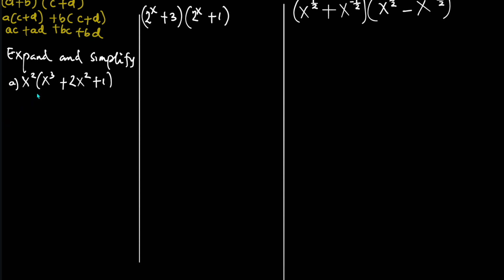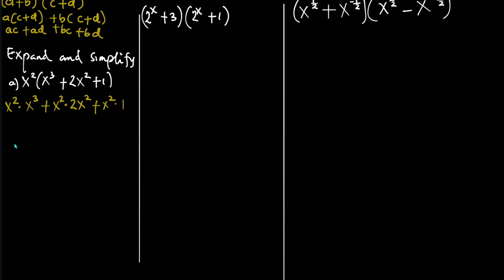So here all you have to do is to take the term outside of the parentheses to multiply each and every term that exists in the parentheses. Therefore, this is going to be x to the power of 2 multiplying x to the power of 3, plus x to the power of 2 multiplying 2x to the power of 2, and plus x to the power of 2 multiplying 1.